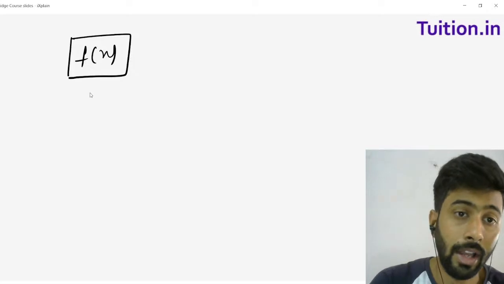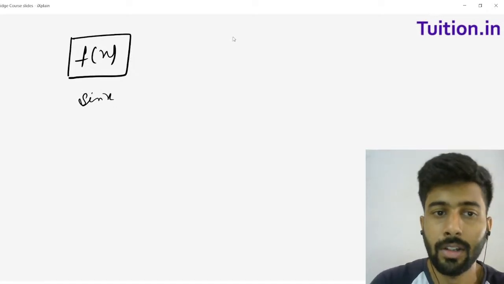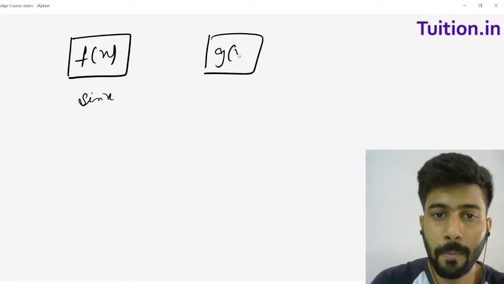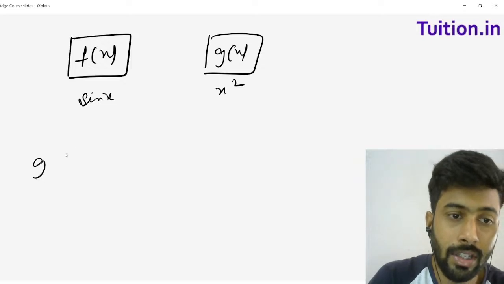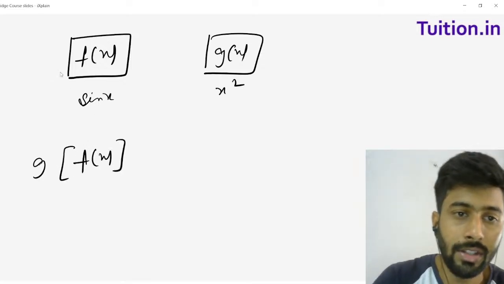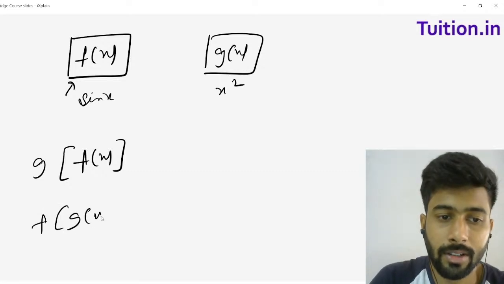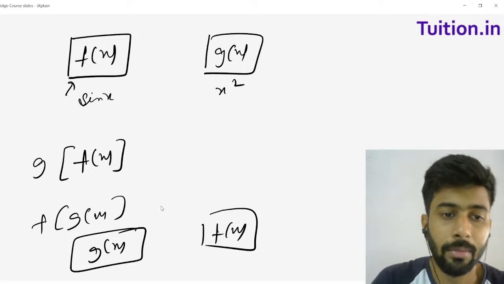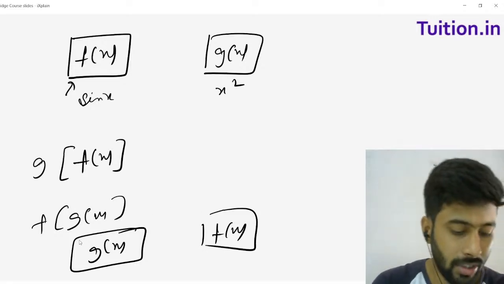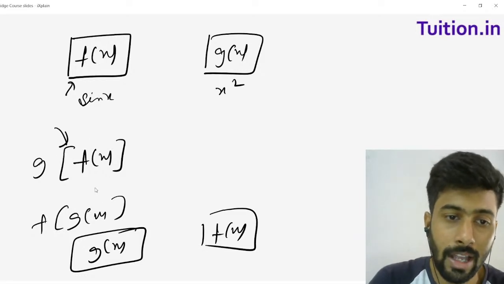Let me first continue. F of x, according to my problem, is sine x. G of x, according to my problem, is x square. If I'm doing g of f of x, then f of x will be on the left side. If I'm doing f of g of x, then g of x will be on the left side. And why? Because I have to see the order in which the input is being processed. When I have g of f of x, I will first give my x equal to 1, let's say, to this.